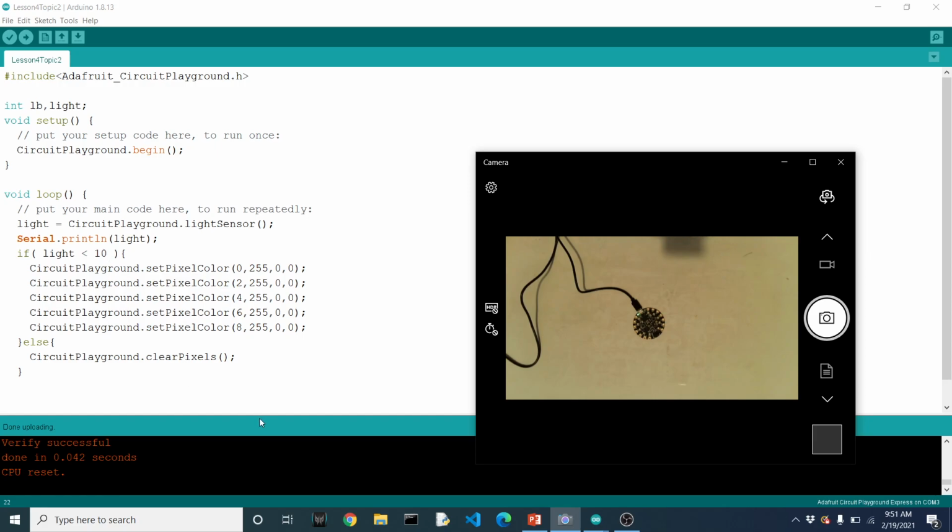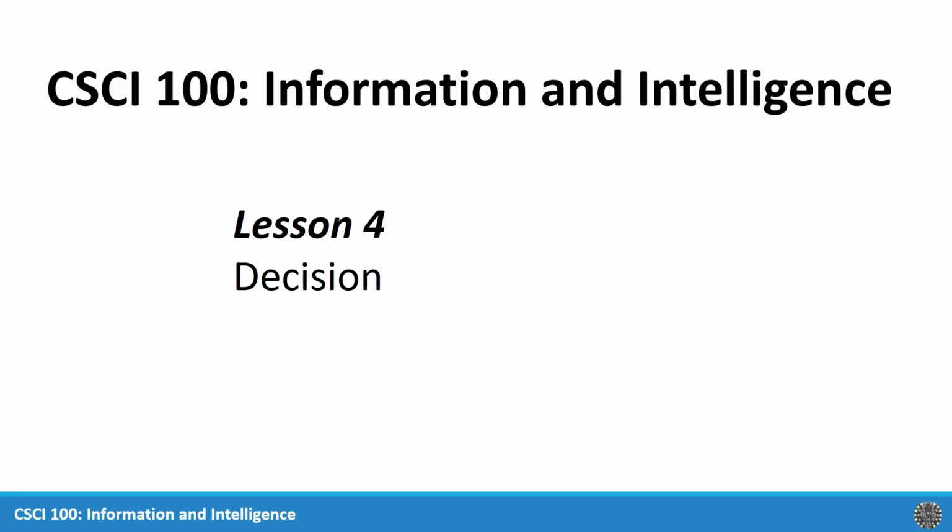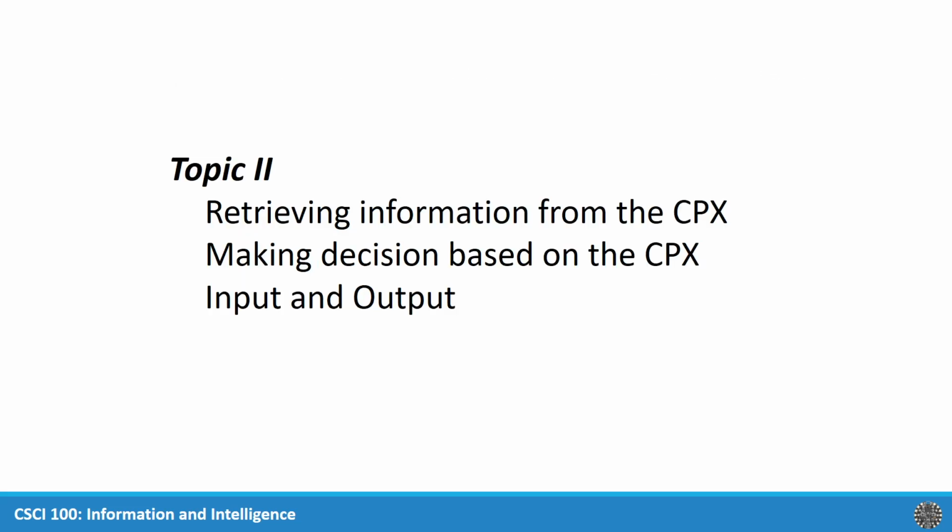All right. So let's go back to our presentation and let's review what we've done. We continued our exploration of decisions, but this time we focused on the Circuit Playground Express. We saw that the left button, right button, and slide switch return values of 1 and 0, where the light, the temperature, the sound sensor, and the capacitive touches return a range of values.